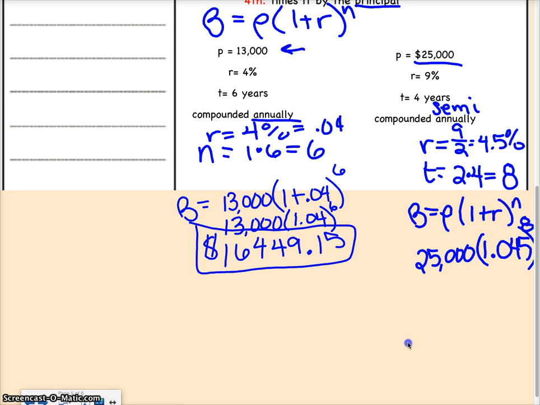Okay, so now in my calculator I'm writing 1.045 to the 8th power, and I'm hitting the equal sign. I keep that stored in my calculator, and then I just times that by 25,000, and I get 35,522.52, rounded.